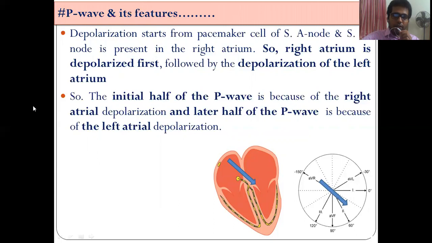Normally we know the depolarization starts from the pacemaker cells of the SA node, and the SA node is present in the right atrium. So the right atrium is depolarized first, followed by depolarization of the left atrium. The initial half of the P wave is because of right atrial depolarization, and the latter half of the P wave is because of left atrial depolarization.